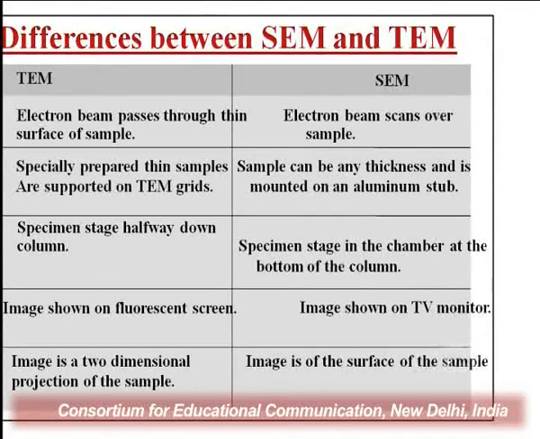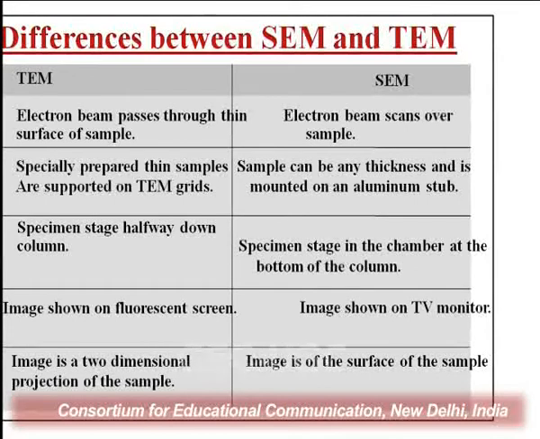As we see in the diagram, the sample is on the upper side, but here in the SEM the sample is on the bottom. The image is shown on the fluorescent screen in case of TEM, but here in case of SEM, the image can be formed on the TV monitor.